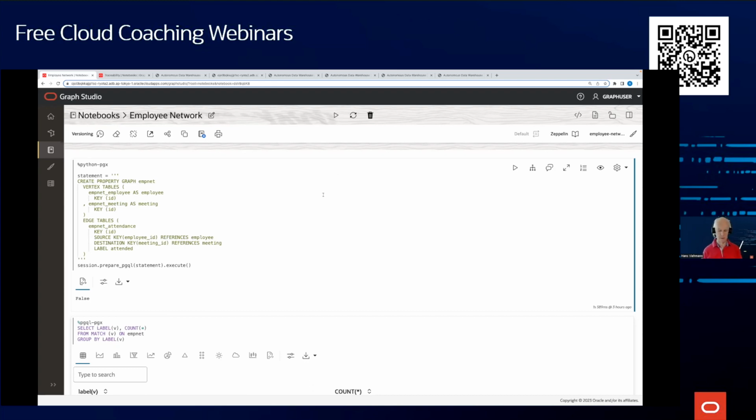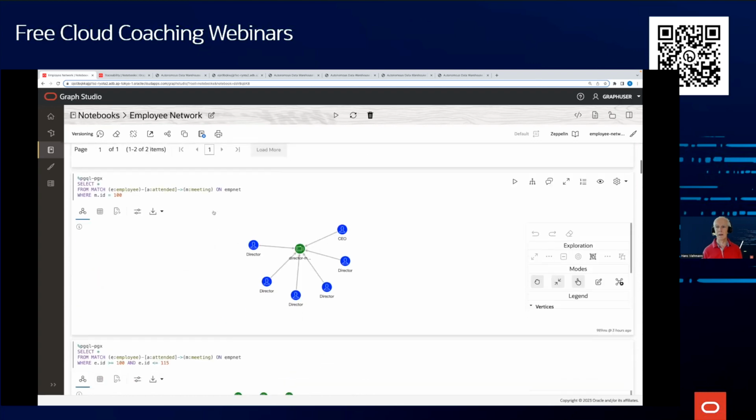Okay, the final notebook, employee network. Yes, as always, we can create a graph empnet using three tables: employee, meeting, and the attendance of the meeting for all employees. And then the graph will be like a bipartite graph like this.